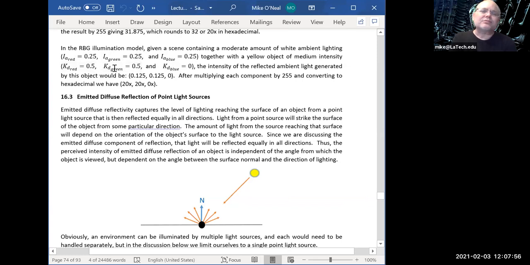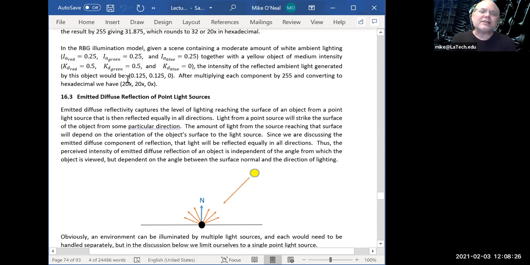So you see that this would be a yellow object in a moderately bright background illumination. The background illumination is providing 25% of the light, and it's white light because all 3 components are set the same, and the object we're modeling here is yellow because only red and green are active, blue's off, and they're each at 0.5.